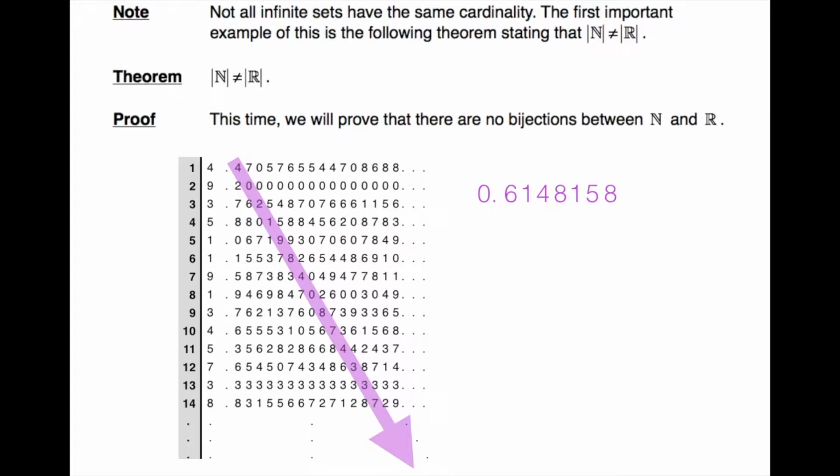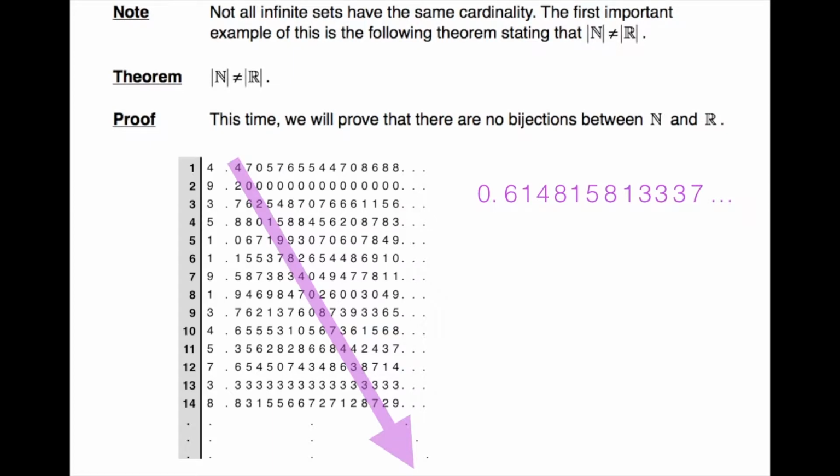There's only one little thing we need to be careful of, because 0.999999 is equal to 1.00000. We're going to avoid using zeros and nines just in case we are extremely unlucky. But here's a number 0.6148158133337 and so on.